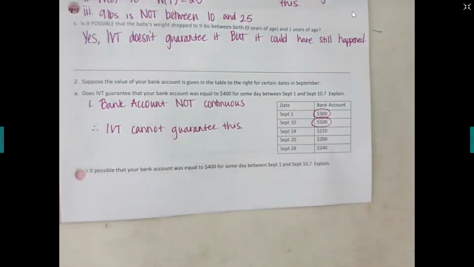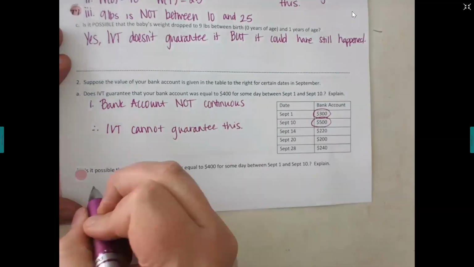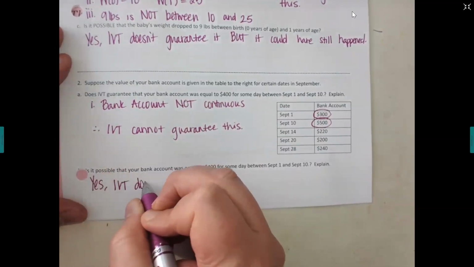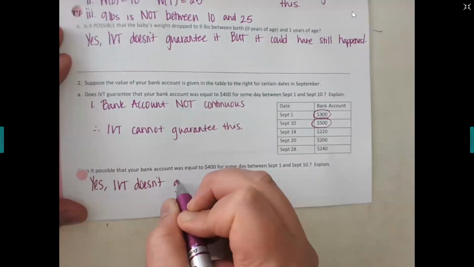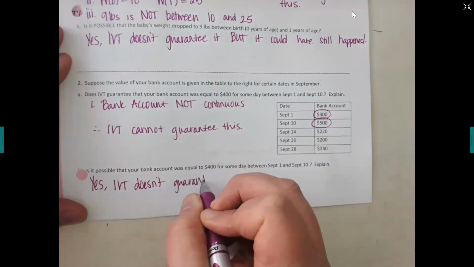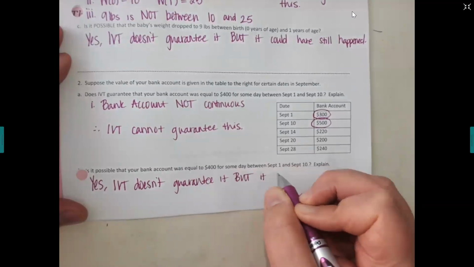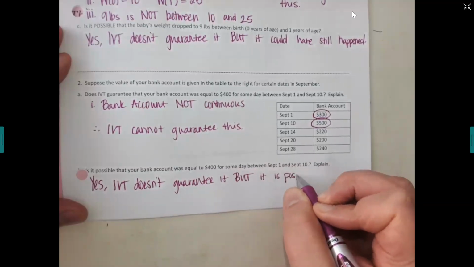Now, look at your part B. It says, is it possible that your bank account hit 400? Yes, but can I promise you that it hit that number? No. Okay, so I'm gonna put here, yes, IVT doesn't guarantee it, but it is possible.